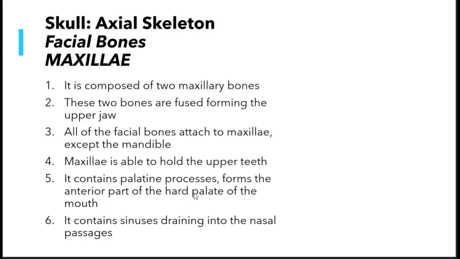For that reason, they are considered to be the keystone bones of the face. Another feature of it is that it is able to hold the upper teeth, and that is due to the alveolar process. It also contains palatine processes. These processes serve as extensions of the maxillae.